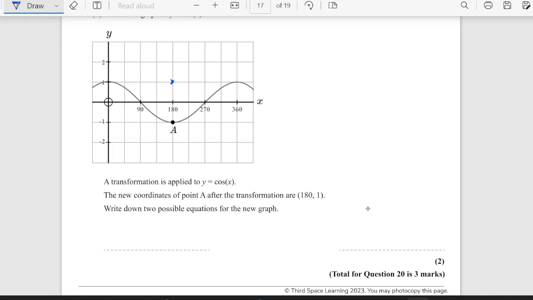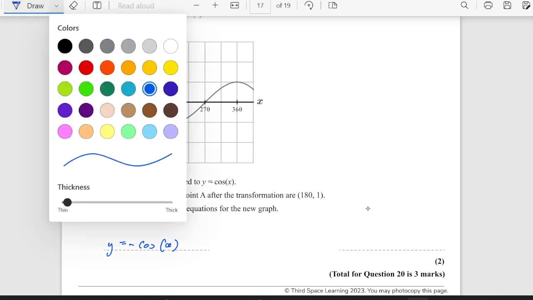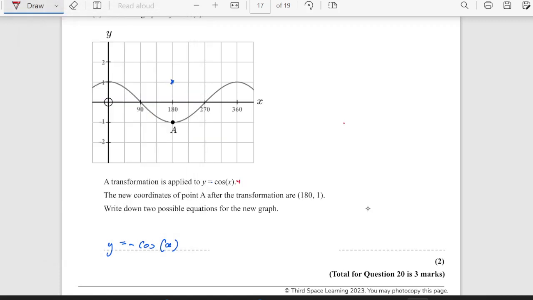So we could have either reflected it in the x-axis, so a translation of minus cos, y is equal to minus cos of x, or we could have translated it upwards, which would have been plus 2 at the end. So it could have been y is equal to cos of x plus 2.